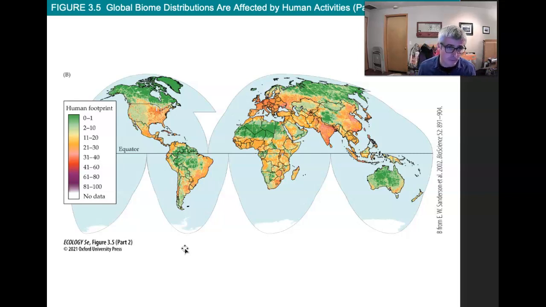So the human footprint is everywhere. This is kind of a heat map showing where it's most extreme, and so you can see these hot pockets around coastal zones, around the eastern Midwest of America. Europe is another hot area too.